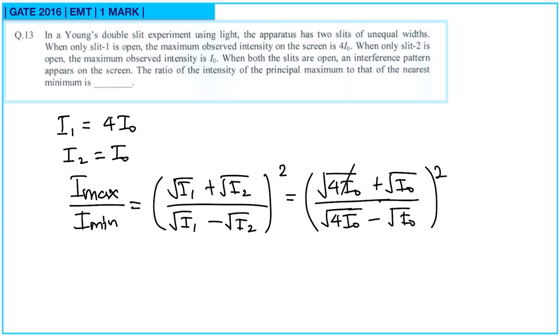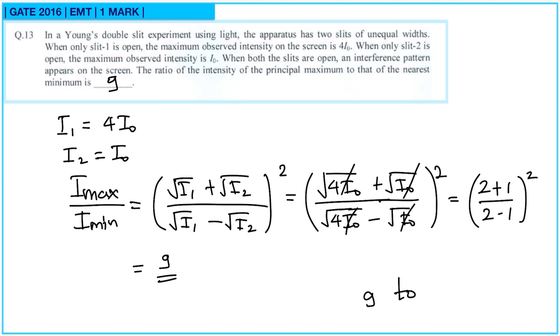So root of I naught will cancel throughout. Root of 4 is 2, so 2 plus 1 upon 2 minus 1, square. So 2 plus 1 is 3 square, that is 9, and 2 minus 1 is 1 square, that is 1. So the answer is 9, and the answer in the answer key is also 9.